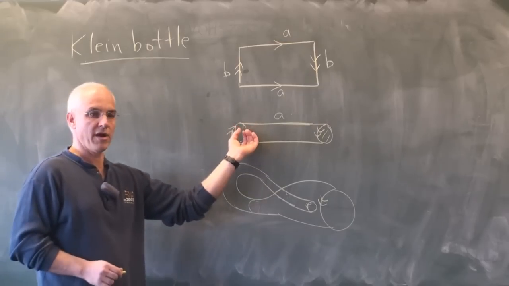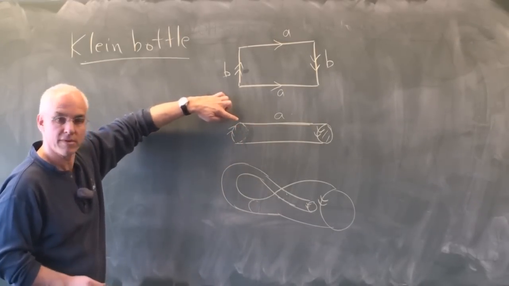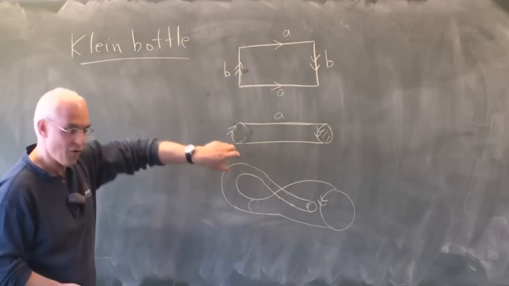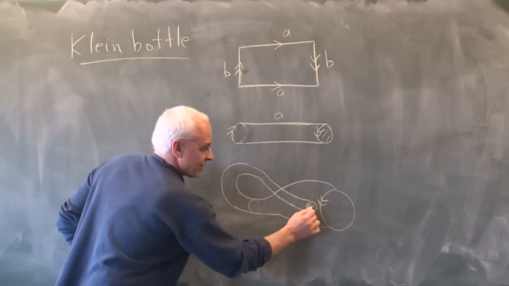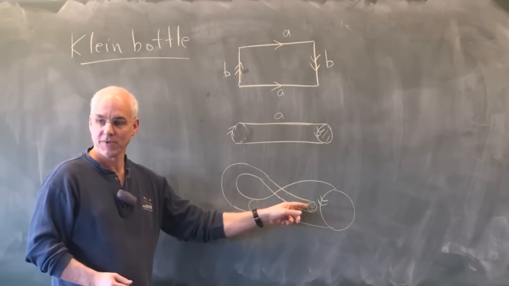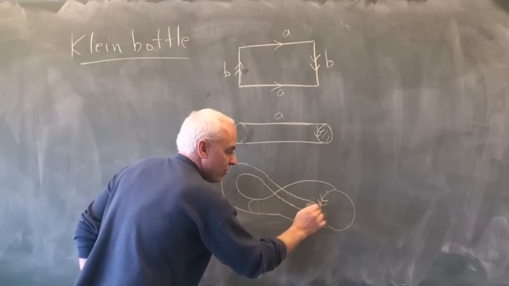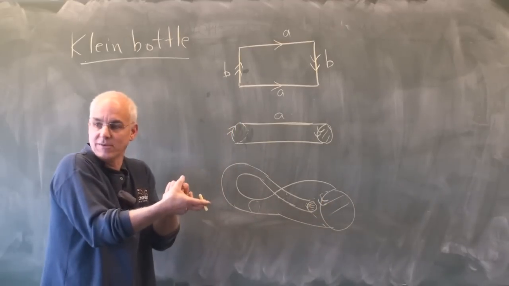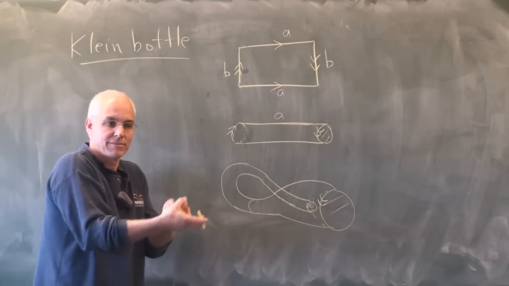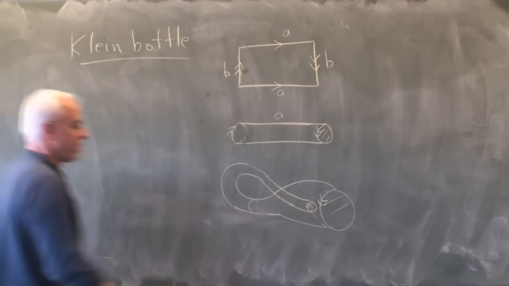If I take that tube there and I bend it like this, it's going up around here. So when it's over like this, that's the side of it. It's going to be going down like that, right? So now all I need to do is just glue this to that from the inside. So that's called a Klein bottle.